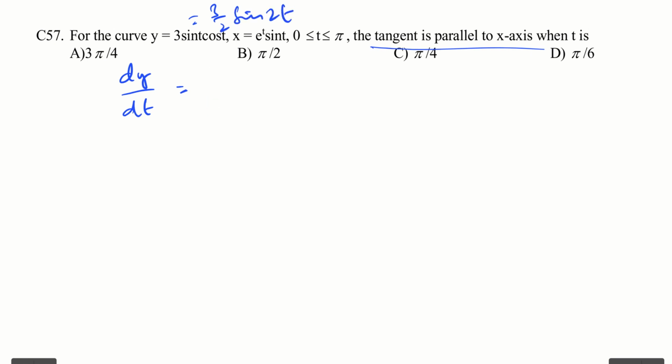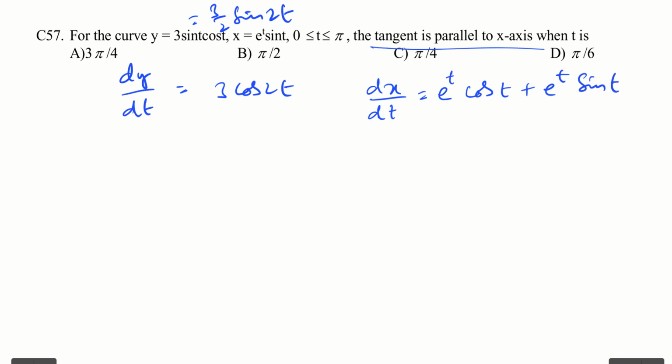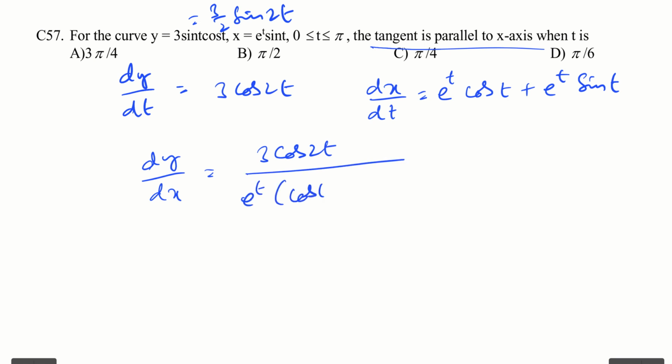Therefore the derivative will be 3 cos 2t and dx by dt is equal to, UV rule I apply, e power t cos t plus e power t into sin t. Therefore dy by dx is equal to 3 cos 2t by e power t into cos t plus sin t.